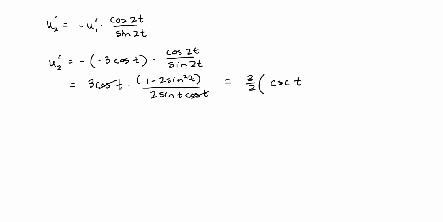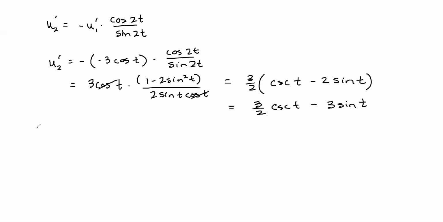And then 2 sine squared over sine, we're going to have minus 2 sine t. And then finally, we can distribute that 3/2. We'll have 3/2 cosecant t minus 3 sine t. Okay, so that's u2 prime.